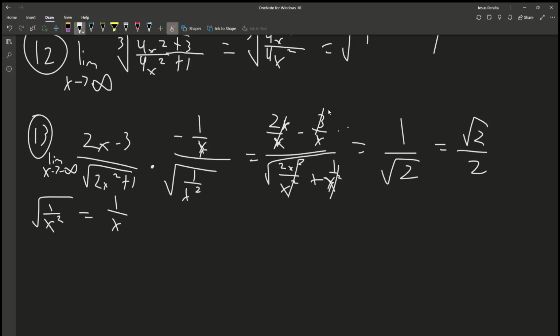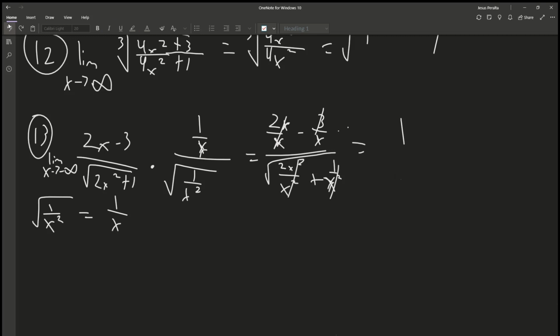I forgot to put negative, so this would also be negative, which means we would have negative 2 over square root of 2.